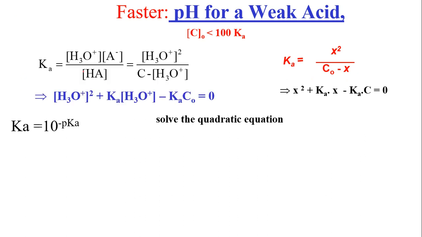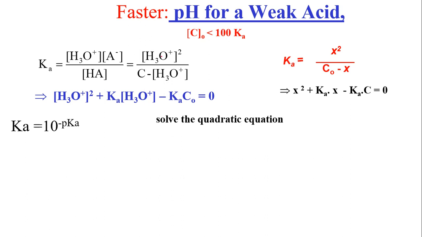An even better equation to memorize is the same thing, just using HA as a general acid. So Ka, again, as a reminder, is H3O plus times A minus divided by HA, which equals, remember that A minus is equal to the H3O plus, so this is going to be H3O plus squared over C minus H3O plus.